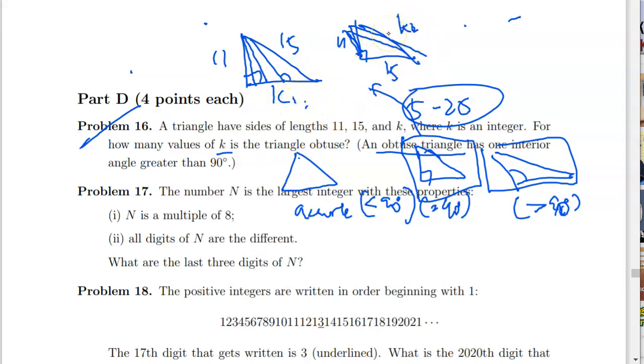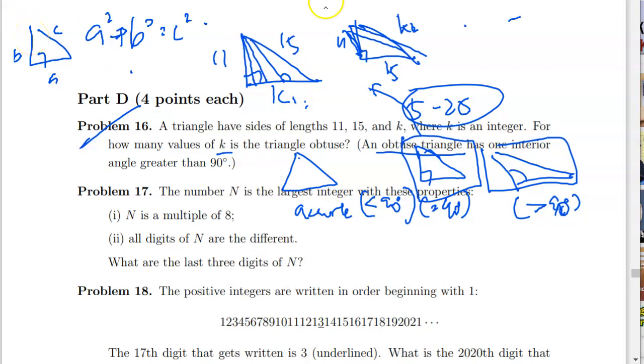What are their values? Assume this is a right triangle. By the Pythagorean theorem, in case you don't know it, you can search it on the web, but I'll just tell you that a squared plus b squared equals c squared. c is the hypotenuse, namely the longest side in the triangle.